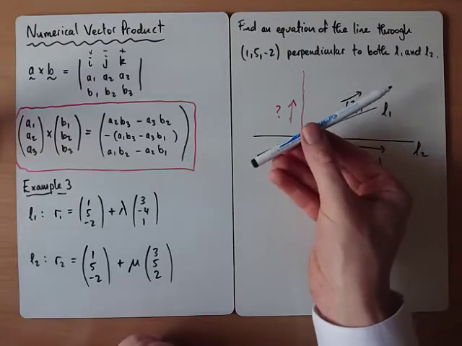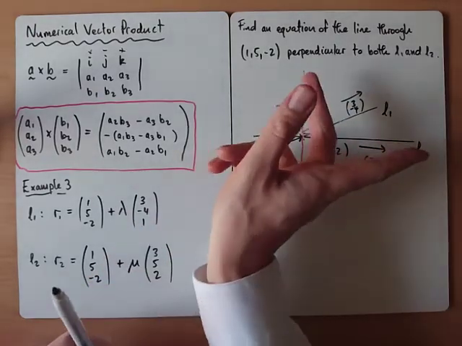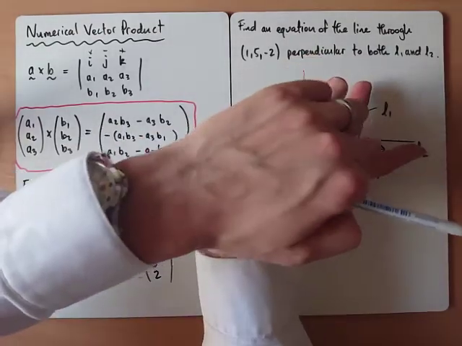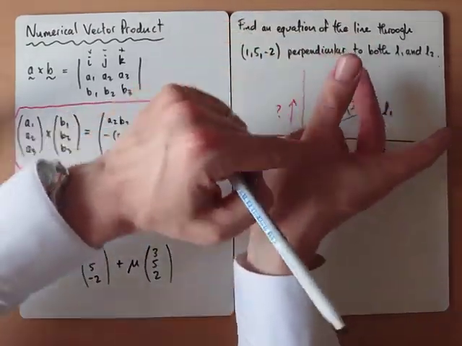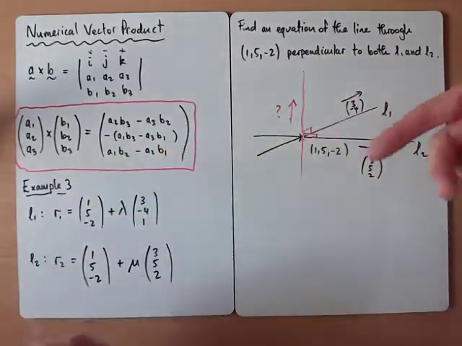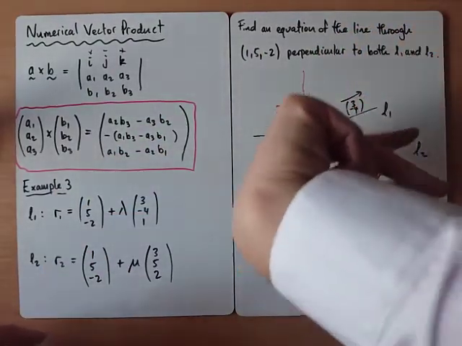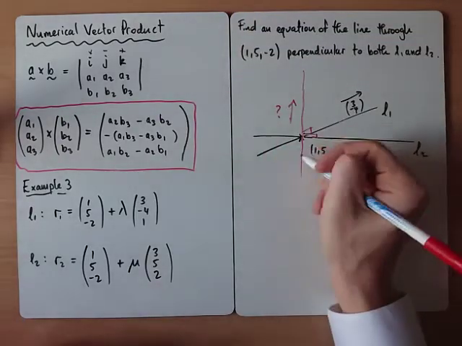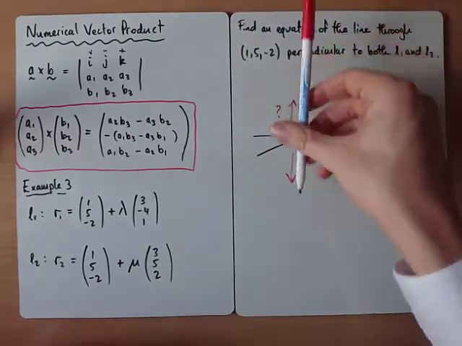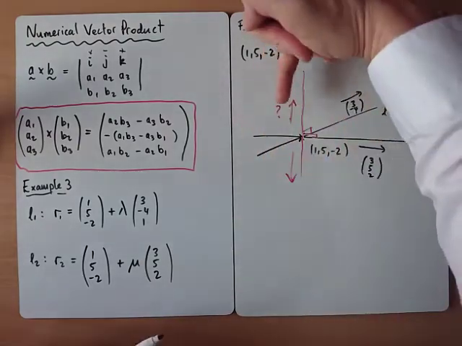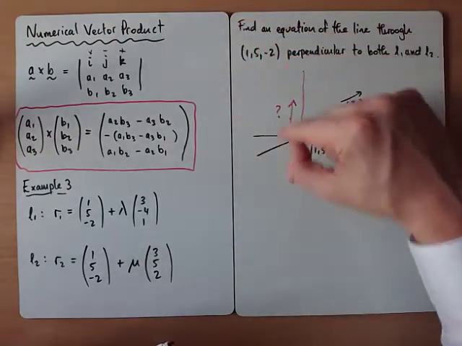If I think about the right hand rule, if I do L2 cross L1, that would be pointing up that way. But if I did L1 cross L2, and I'm sorry I can't show my hand that way, but if I did it the other way around, I'd end up with the direction going that way. But it really doesn't matter. If I just get a vector going this way or a vector going this way, it's still describing the direction of the line, isn't it?